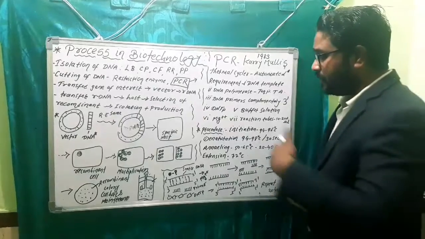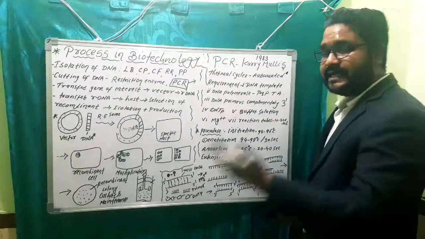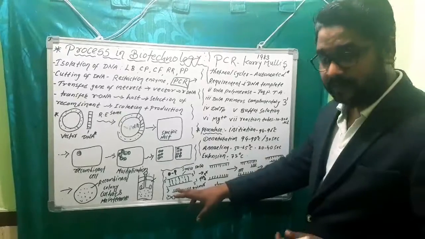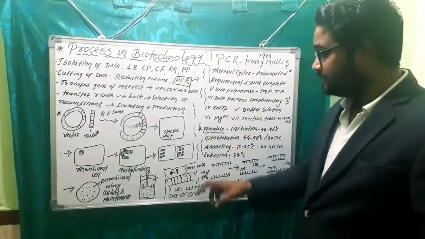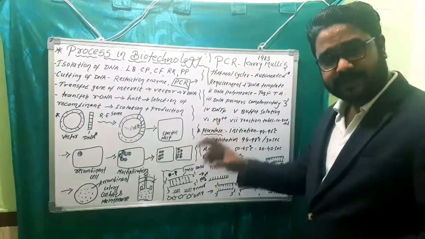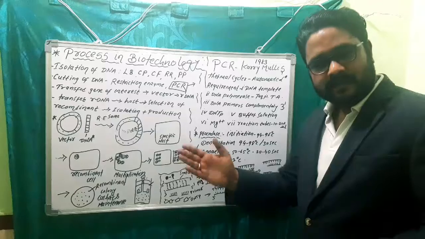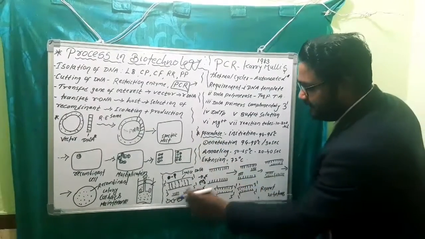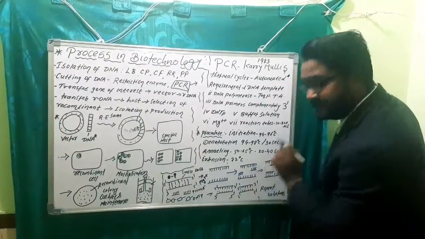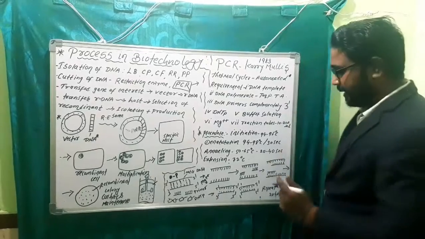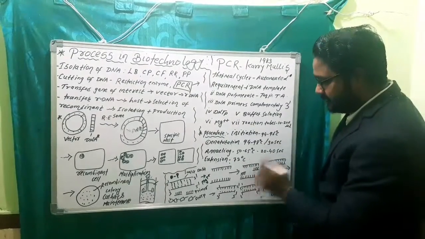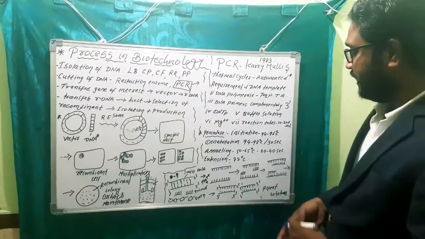Now, what will happen after this? Annealing proceeds. What is annealing? We know that the primer is a must for DNA polymerase to start the polymerization, or copying, of the template strand. So in annealing, the primer will come and join to which end? Remember, the 3' end. So here the 3' end, here the 3' end. These two primers came. After that, what will happen?